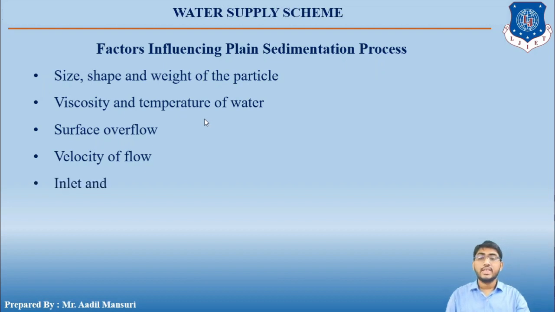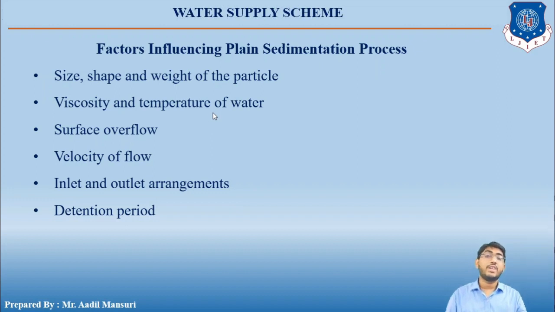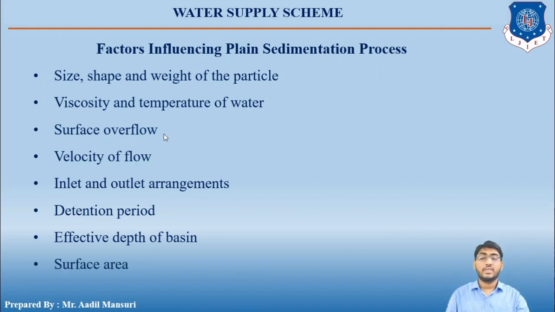Okay, next is inlet and outlet arrangement, then detention period. If the detention period is more, then the efficiency of sedimentation will be more. Okay, next is effective depth of basin. Okay, and last is the surface area. So these are the factors which influence the plain sedimentation process.